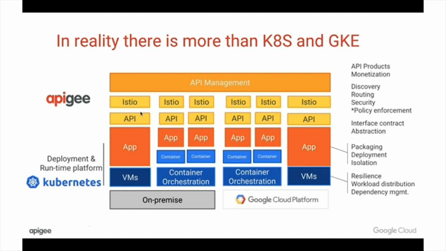One thing I wanted to highlight here. Though we have shown Istio on top of these VM-based applications, this is not necessary, right? In fact, you are going to see very often that you are going to expose these APIs directly to API management, and Istio is only helping you with the containers.